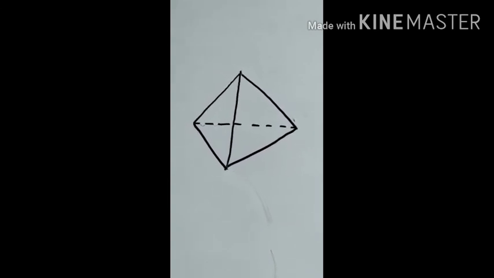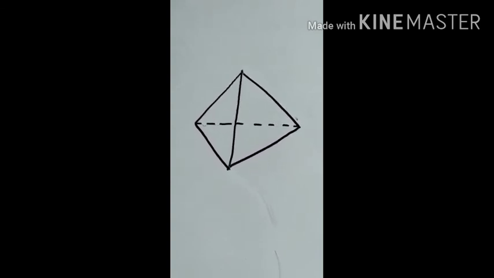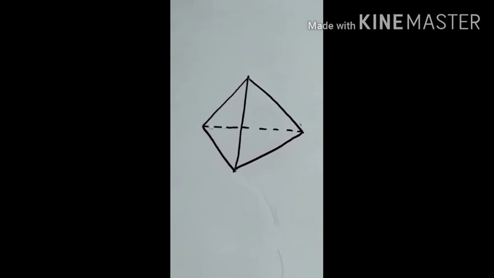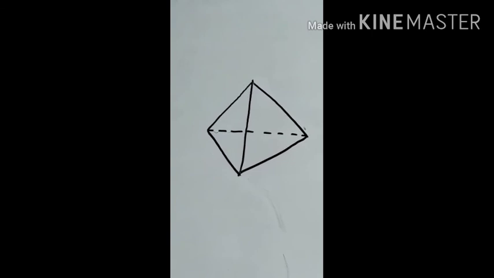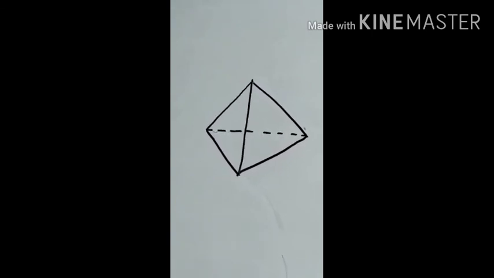The base of this pyramid is triangular. Another name of this pyramid is tetrahedron. A tetrahedron has 4 surfaces. It has 1 base and 3 lateral surfaces. All the sides of the tetrahedron are triangular in shape.